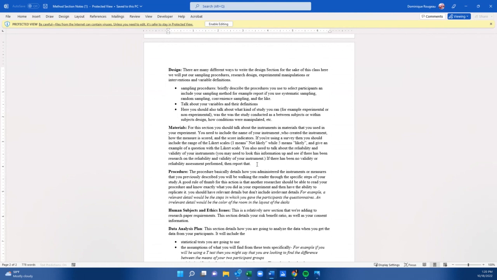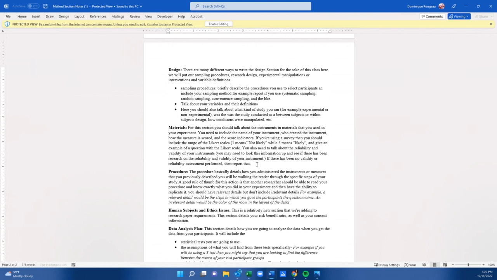But if you have an existing measure, just type in the name of your scale and then reliability or validity, and see if you can find anything. If you can't find anything, then you need to report on that and say, no measures of reliability were found for the QABF.